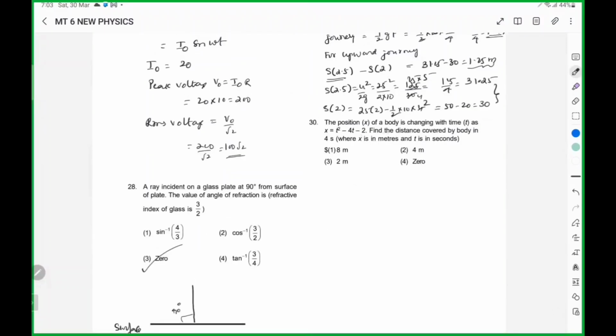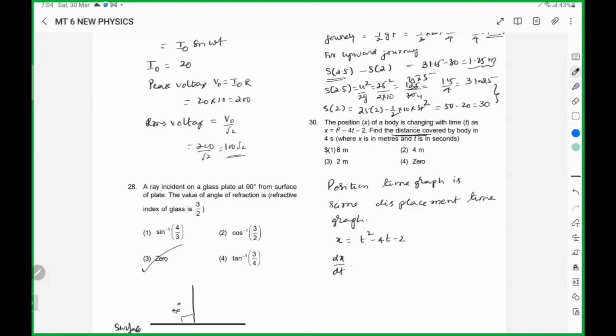Here, position time graph is same as displacement time graph. Here, he has given it like this, but he is not asking distance.